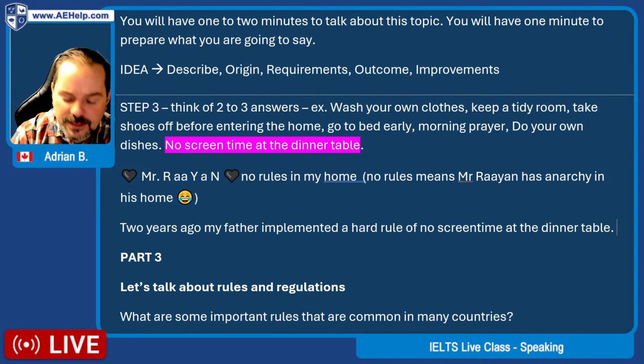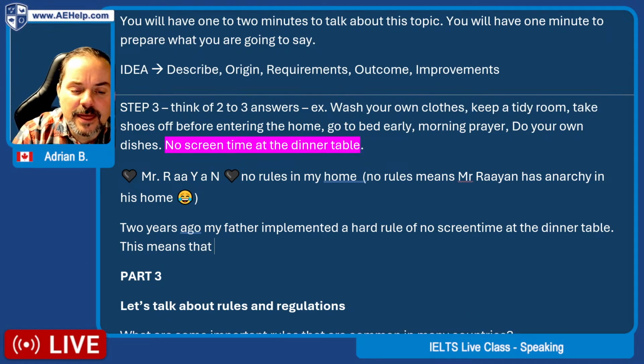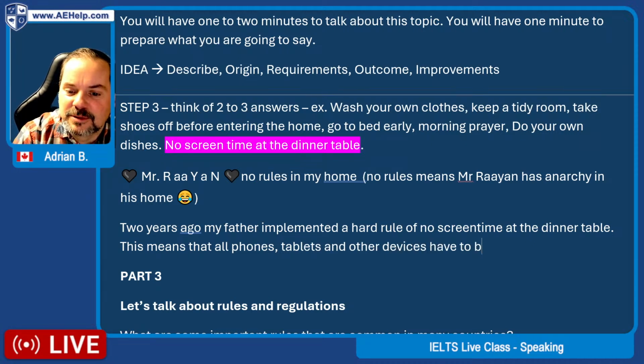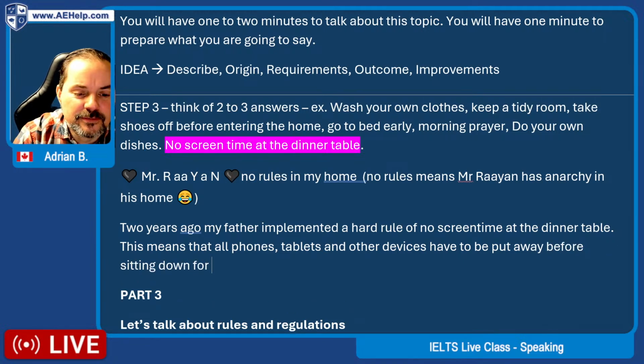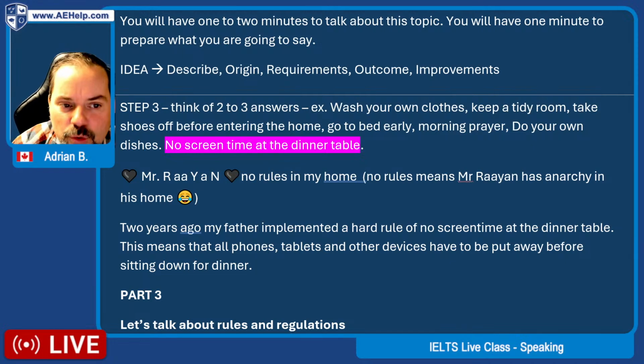This means that all phones, tablets, and other devices have to be put away before sitting down for dinner. Okay, so we describe that rule.